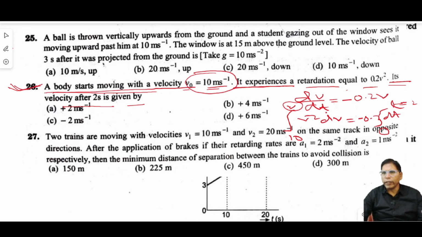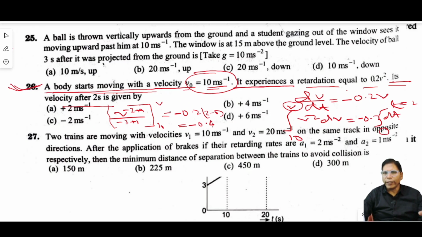Now v to the power minus 2, that means v to the power minus 2 plus 1 divided by minus 2 plus 1, with limits of integration v and 10, equals negative 0.2 into 2 minus 0. So this is negative 0.4.